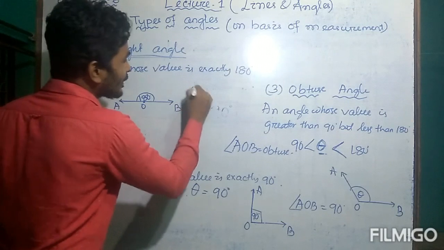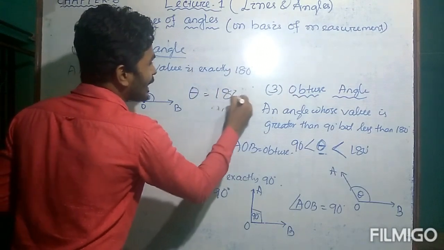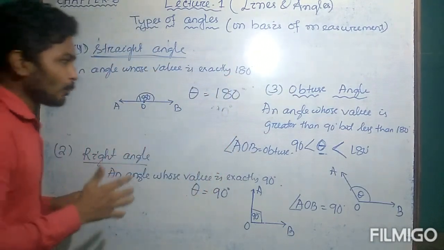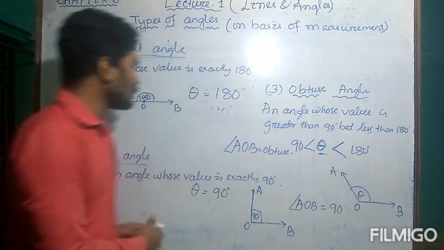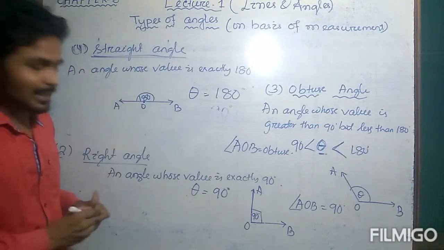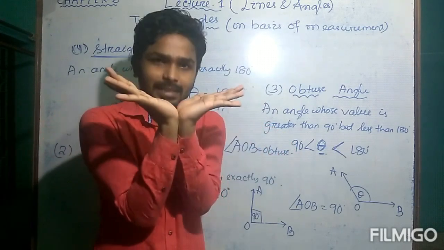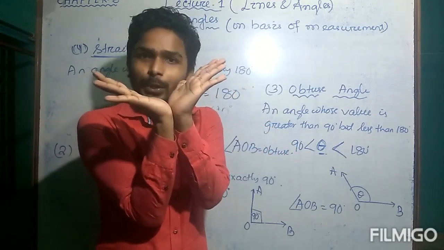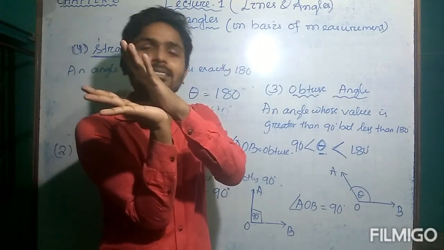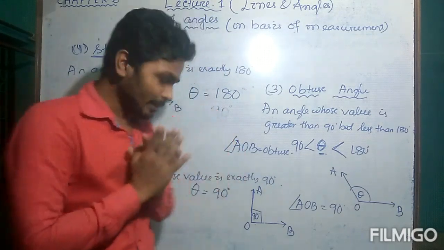So here theta is equal to 180 degrees. If you want to represent it, you have to draw a straight line like this. So this is our straight angle. This is obtuse angle, this is right angle, this is acute angle. Understood?